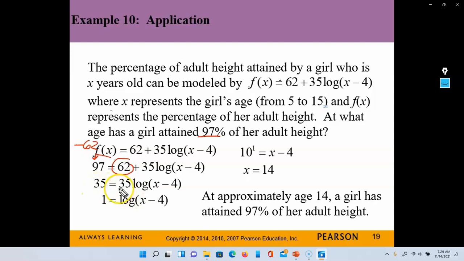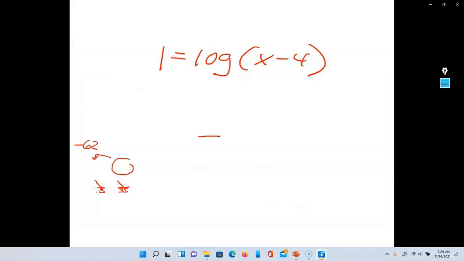Now, to get rid of this 35, we're going to divide both sides by 35. These just cancel out and become a 1. So now I have 1 equals log of x minus 4. We're now going to convert this to its exponential form.